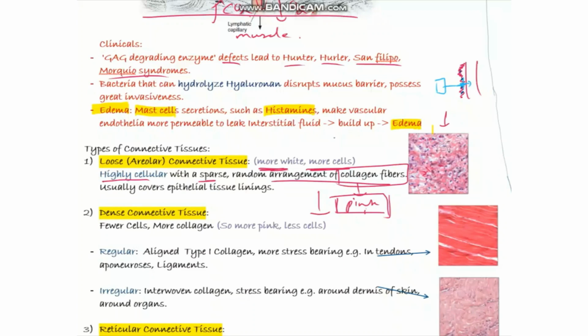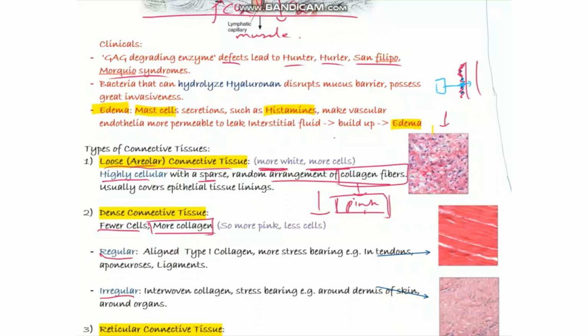So next up, we have the dense connective tissue, and you might have guessed it, it has fewer cells and more collagen. So as we have more collagen, and collagen is stained pink, it would have a more pinkish appearance as compared to the loose or areolar connective tissue, which has less collagen. Now, the dense connective tissue can be divided into 2 different counterparts, regular and irregular.